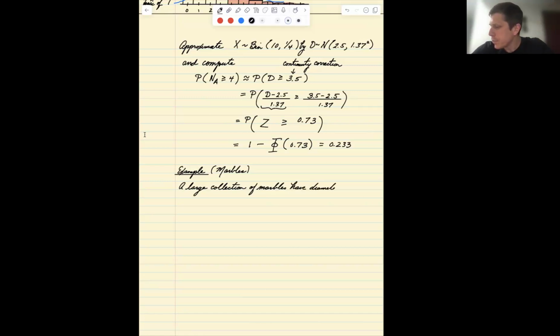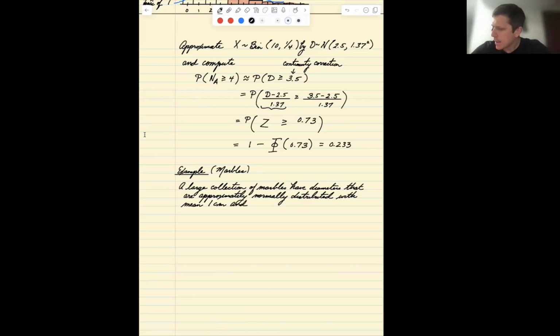So each marble has a diameter that is approximately normally distributed with a mean of 1 centimeter.